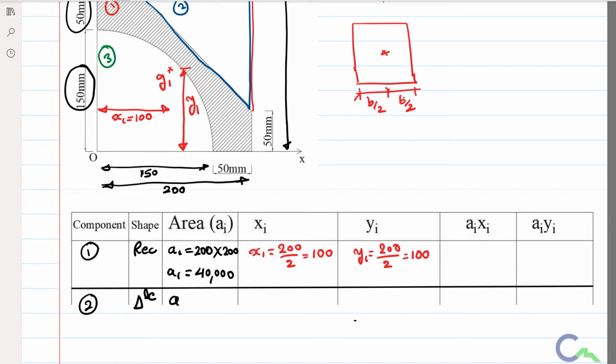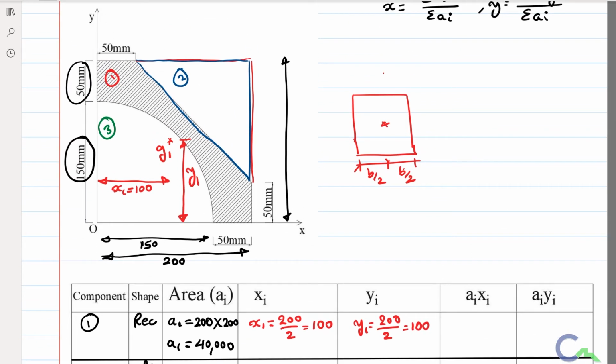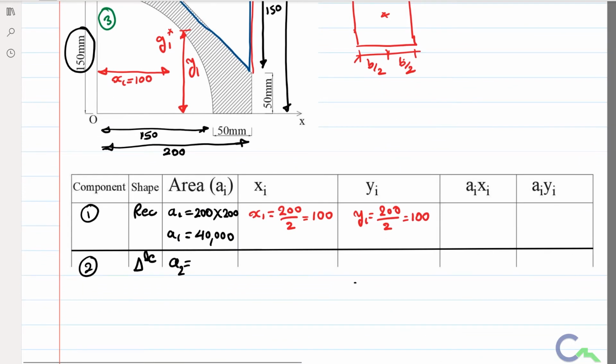The area of the triangle, I will take it as A2. As we know, the area of the triangle is half into base into height. If the total is 200, this will be 150. Then the height of this triangle is also 150, because if I deduct 50 from 200, it will be 150.